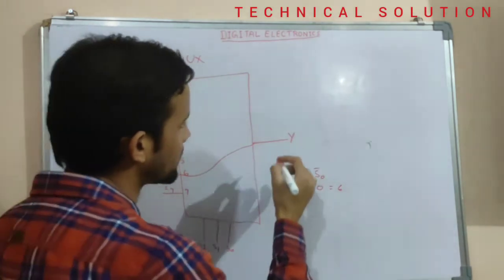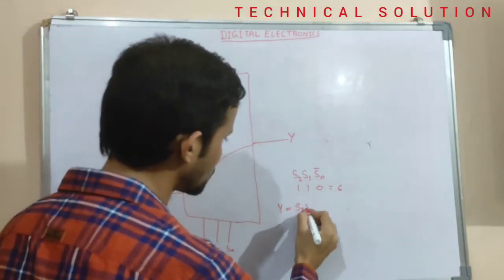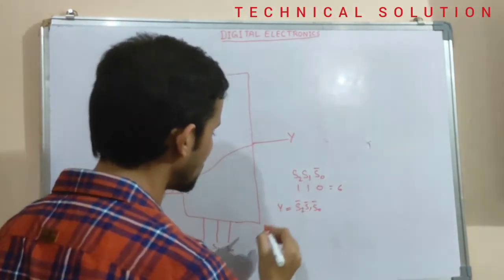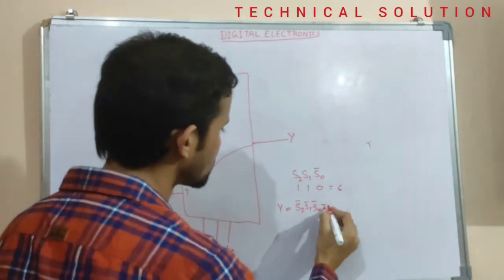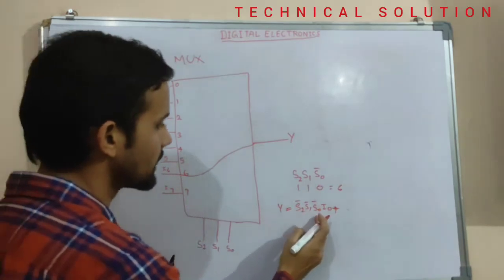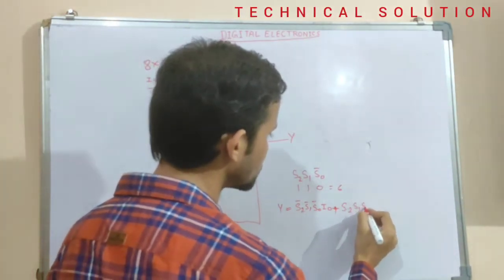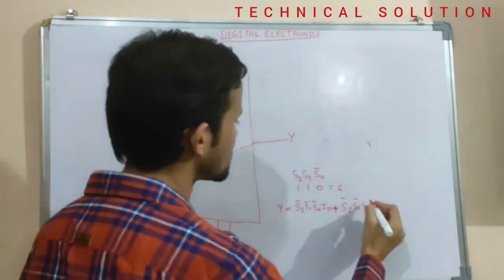So the output y we can write like this: S2 bar, S1 bar, S0 bar, and I0 is passed through this selection line. Next is S2 bar, S1 bar and S0, then I1 is passed.